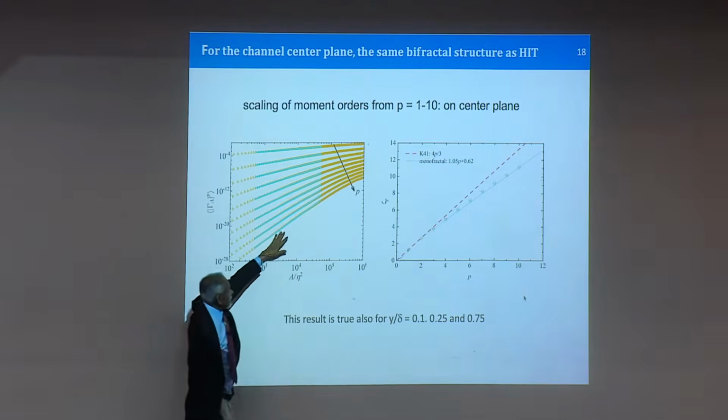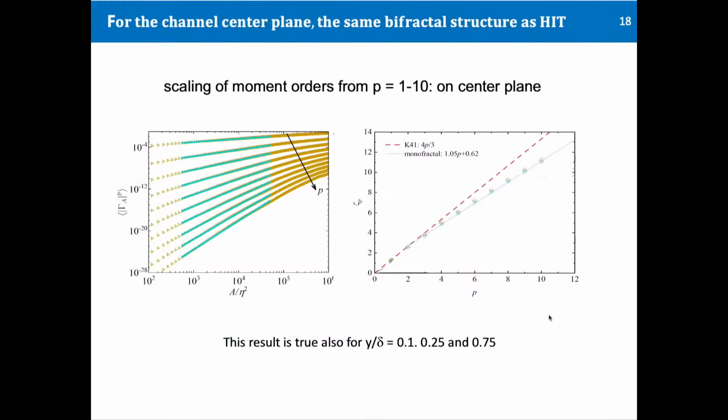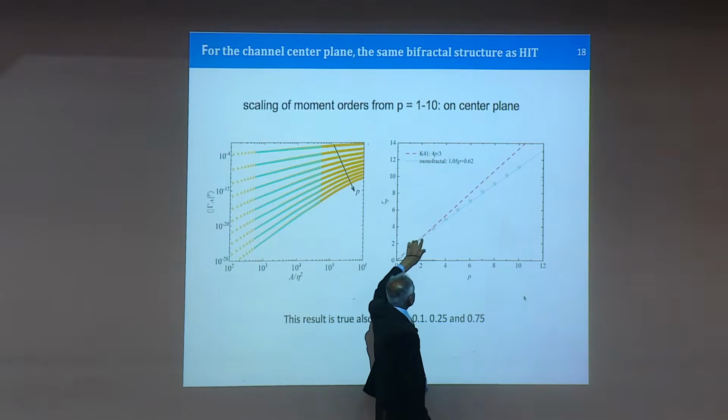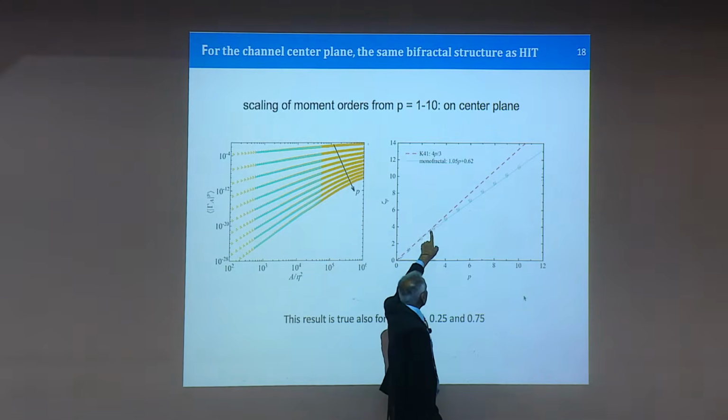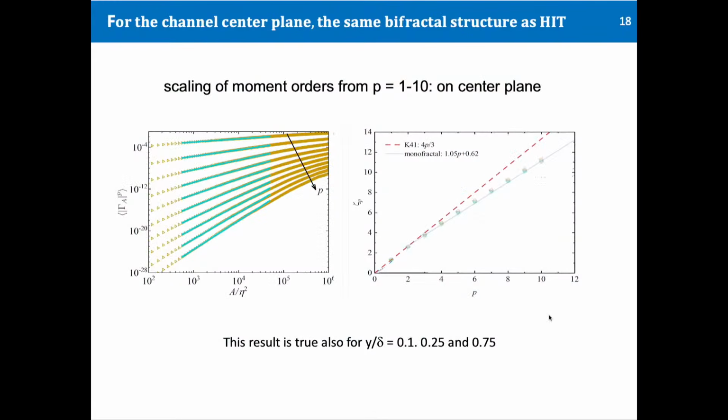So the slopes of these lines are the exponents in which we are interested, and they are plotted here. The slopes here as a function of the order here. Again, you see that up to a certain order, maybe 3 in this case, it may lie on this red line, which is the Kolmogorov one, and then again it is lying on another straight line, just the same way as it did for homogeneous isotropic turbulence.